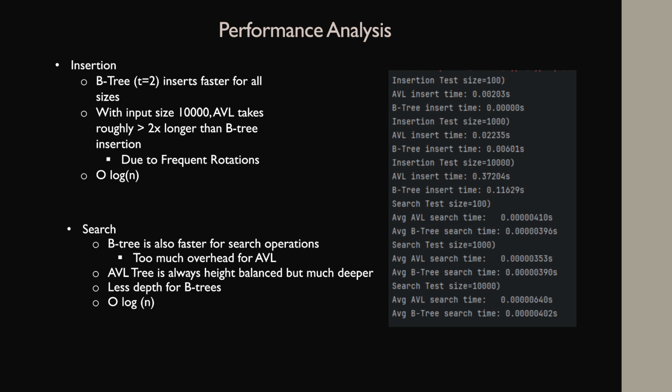The B tree consistently performed faster for both operations across all the input sizes. Talking about insertion, for the large dataset of 10,000, it took more than 2 times longer for the AVL tree than the B tree. I think this is because the structure of B trees is more shallow and the height is minimized, which reduces the number of insert steps we have to do.